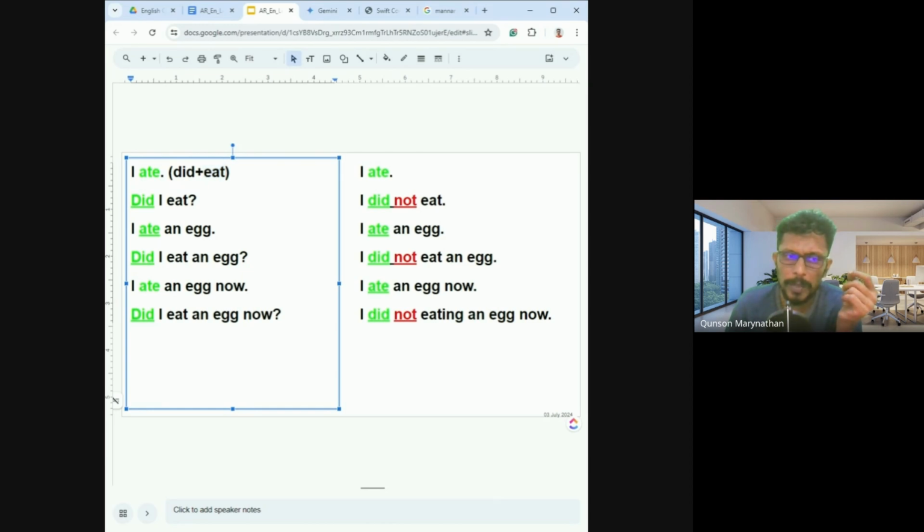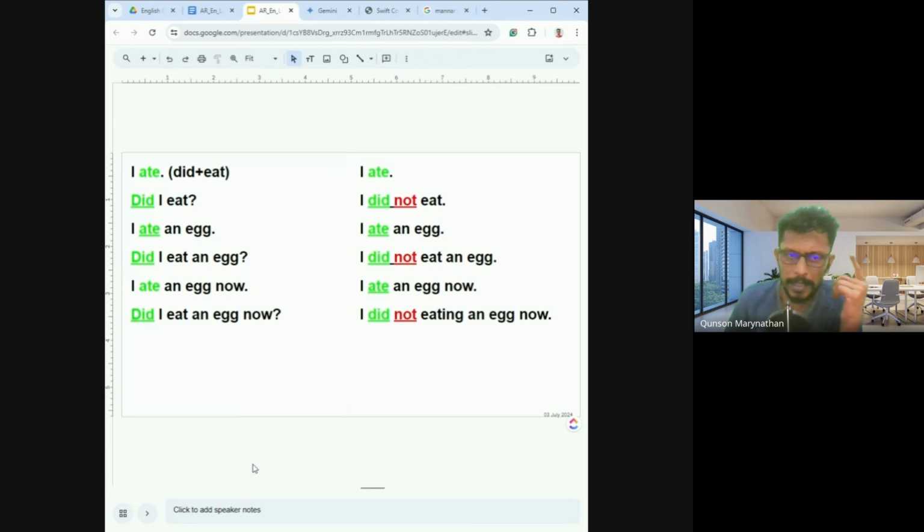So when you want to make a question, you take the auxiliary verb and put it in front of the subject, right? So here, this is the auxiliary verb. You take it out, did. If you take did out of ate, the balance is eat, the present tense, not ate. So the question becomes, did I eat?